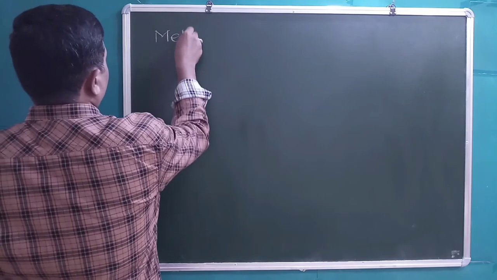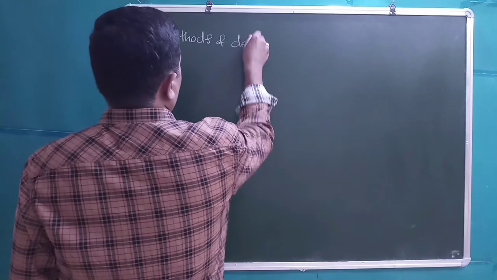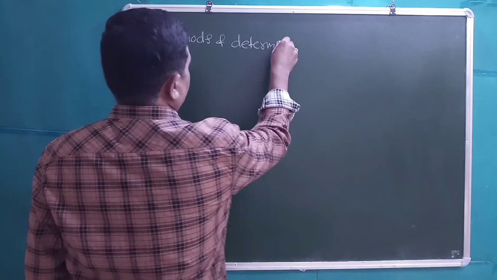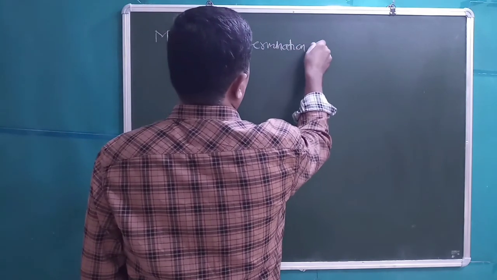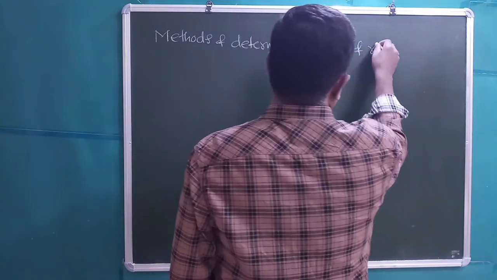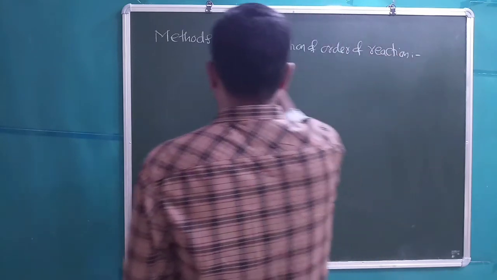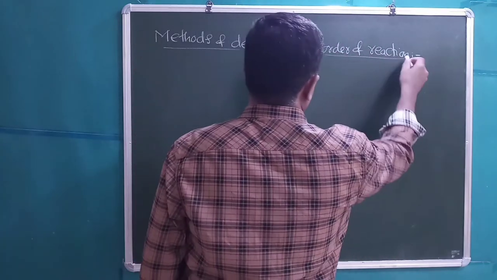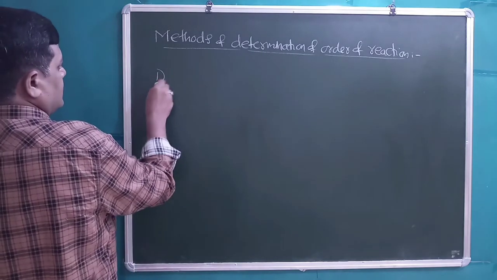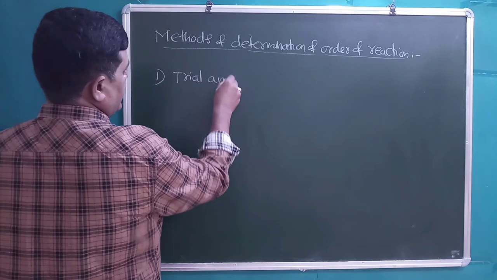Methods of determination of order of reaction. First method is the trial and error method.